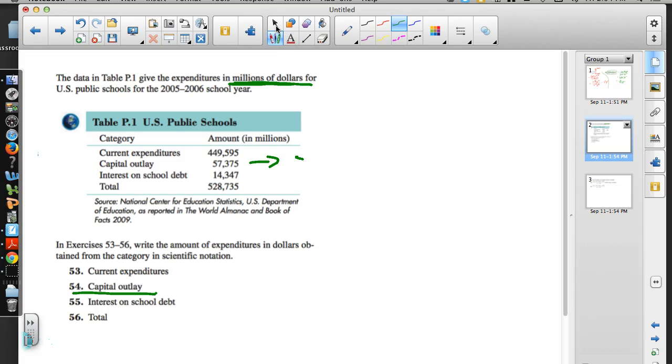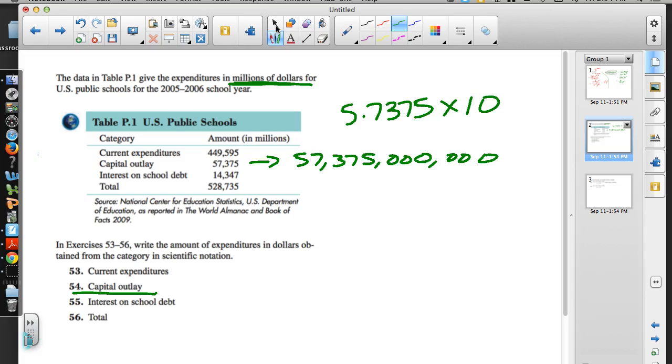You need to remember that you have 6 zeros that need to go behind this in order to make that into millions. So then that will be 5.7375 times 10 to the, count your decimal places, 3, 6, 9, 10. So 2 times 10 to the 10th, and that would be number 54.